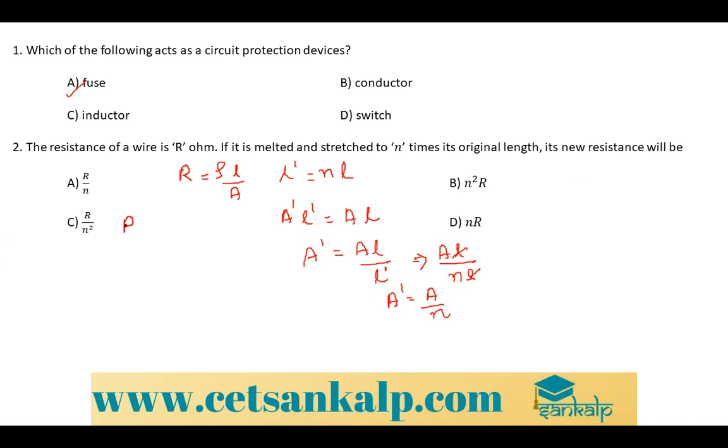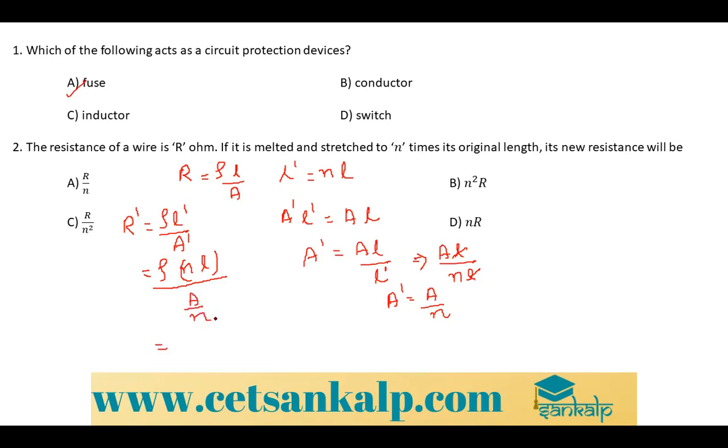Fine. So R dash is equal to rho L dash divided by A dash. It's nothing but the new resistance. So we have to keep rho as it is. L dash is equal to nL, divided by A dash, which is nothing but A divided by n.